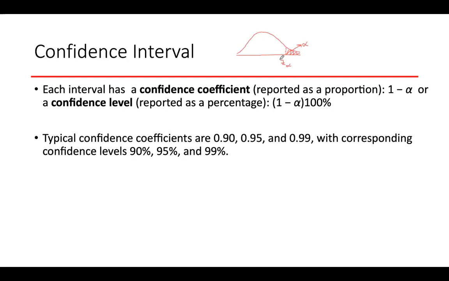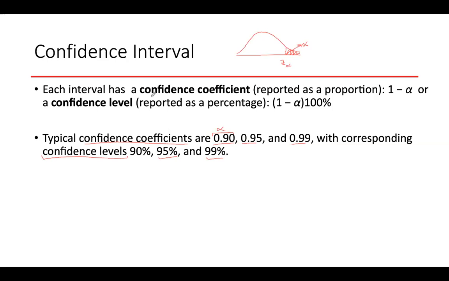Before, we talked about alpha being 0.90, 0.95, 0.99, okay? Which we will talk about as confidence coefficients. Or we may say confidence levels, which is like 90% when the confidence coefficient is 0.90, 95% or 99%, okay?